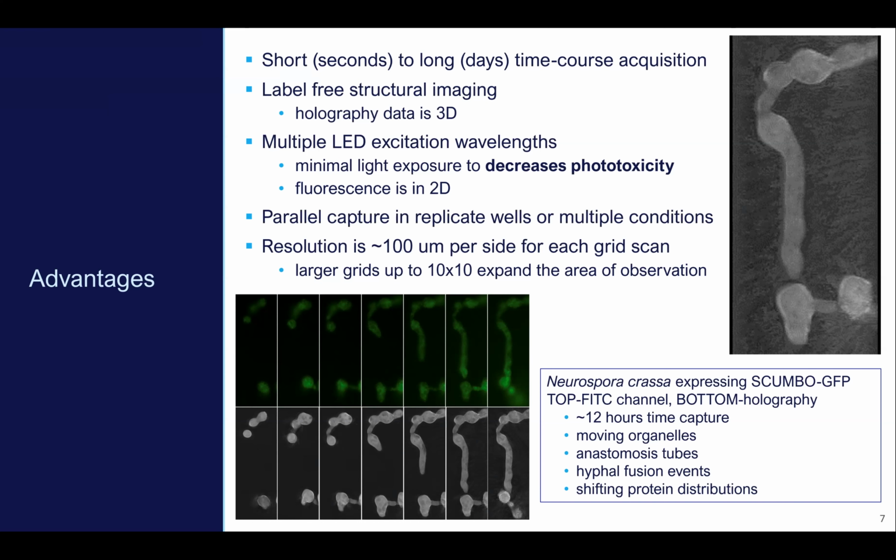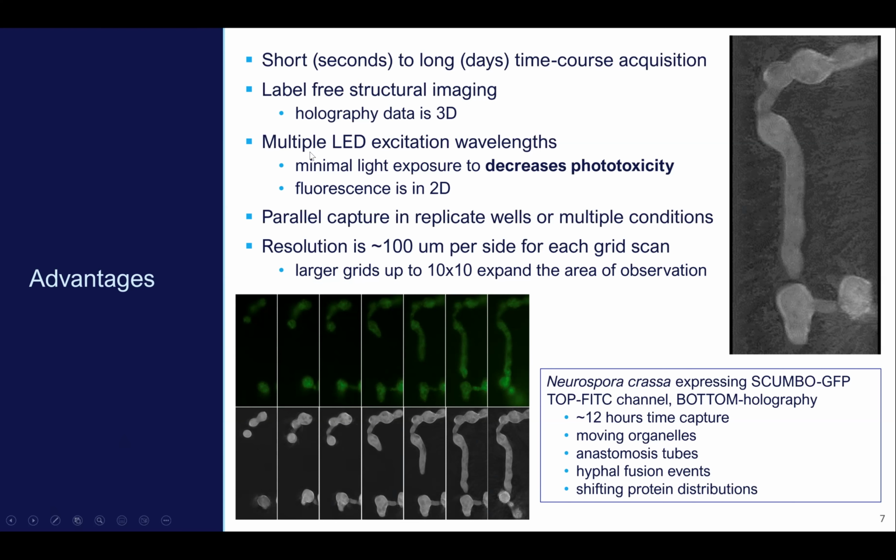The other thing that the platform offers is a set of software that allows you to digitally stain your holography data. So you can take the densitometry that is collected and stain for specific densities. So you can image and then show different parts of the cell density associated with different organelles, for instance.